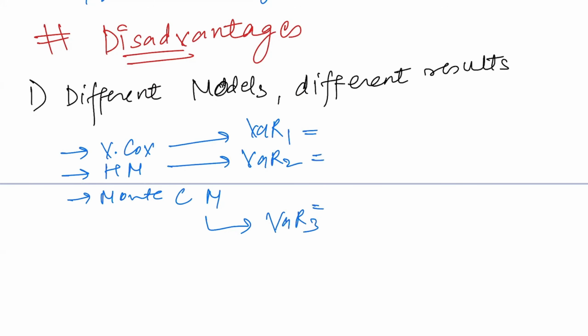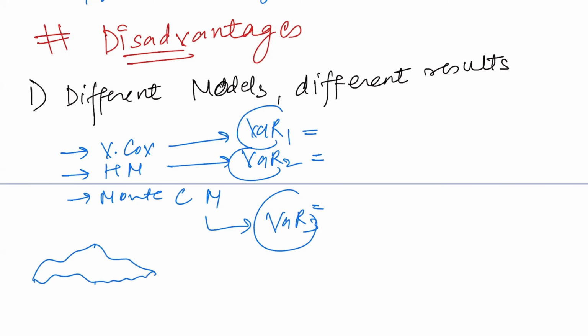These are all different numbers. So it's very hard to understand which value at risk number we should consider. So this is the first limitation. Because what generally happens is, for any of the risk measures, there can be different methods, right?